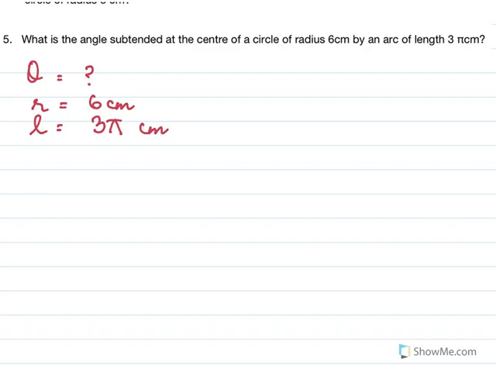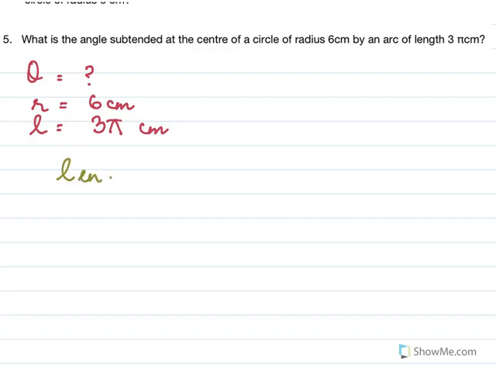What is the angle subtended at the center, which means we need to find theta, of a circle of radius 6, arc of length 3 pi. So length of the arc is 3 pi centimeter. So we first write the formula.